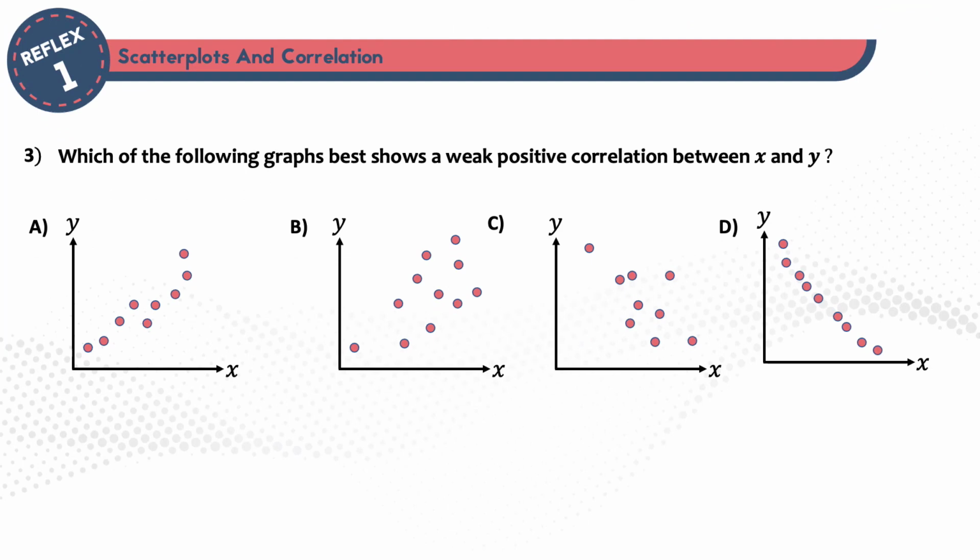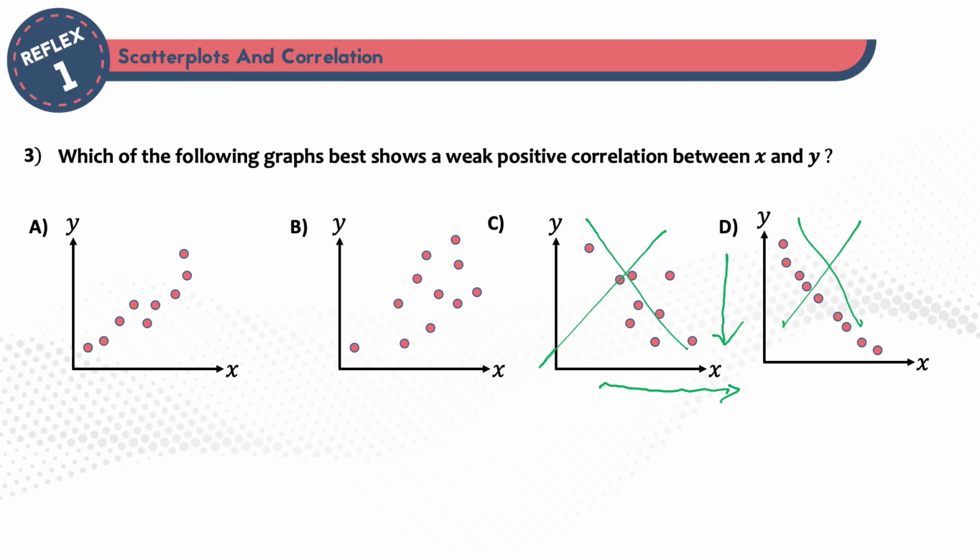Number 3, which of the following graphs best shows a weak positive correlation between X and Y? We can immediately eliminate C and D because these are negative correlations, because as one variable increases in size, the other one actually decreases.